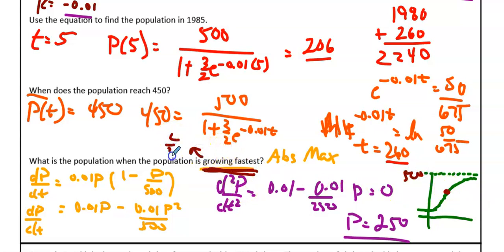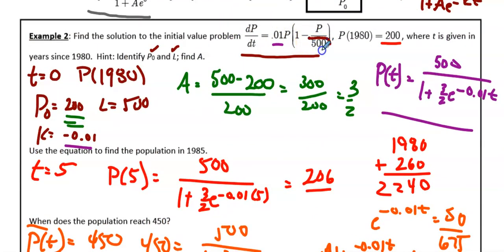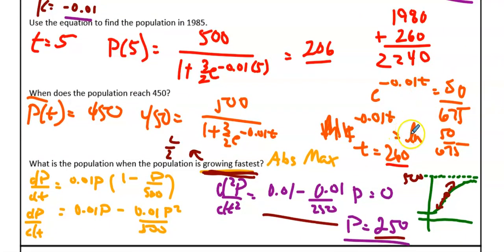So whatever L is, you divide it by 2. And that's exactly what you do. If you graph this in your graphing calculator, you're going to find a maximum at 250. Well, our carrying capacity in our problem was 500. And so the answer for this is just divided by 2. So it actually is really awesome that it works out like that every single time.